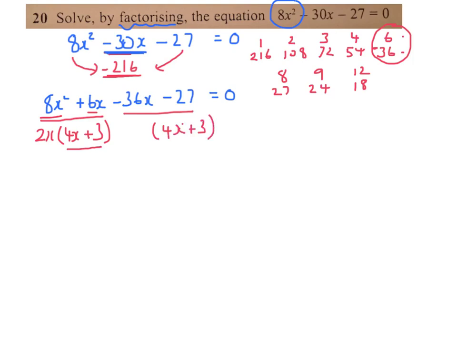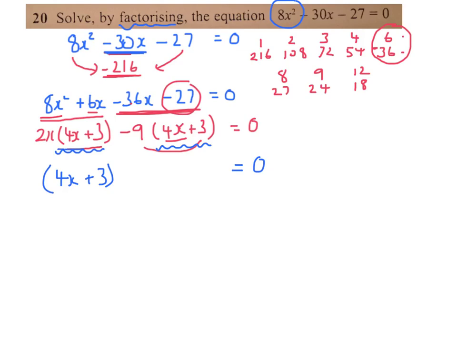So I'm going to write that down and then just work out what I need to multiply that by to get the terms I've actually got up here, minus 36x and minus 27. So what do I need to multiply 4x by to get minus 36x? I need to multiply by minus 9. And if I multiply 3 by minus 9, I get minus 27. So that's good.